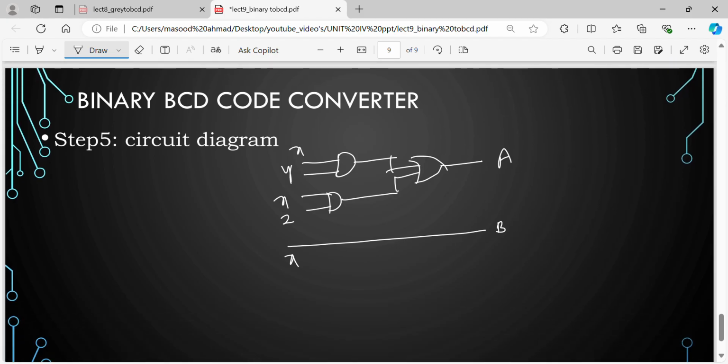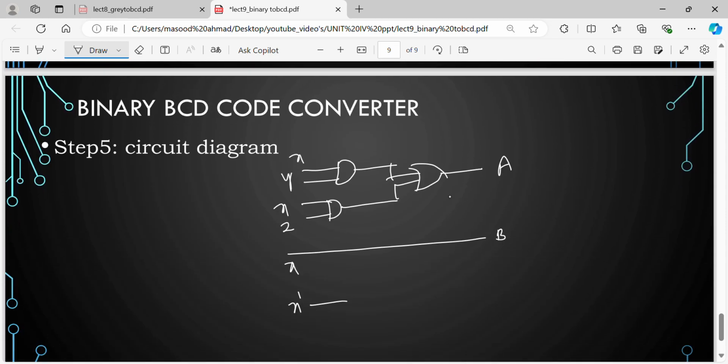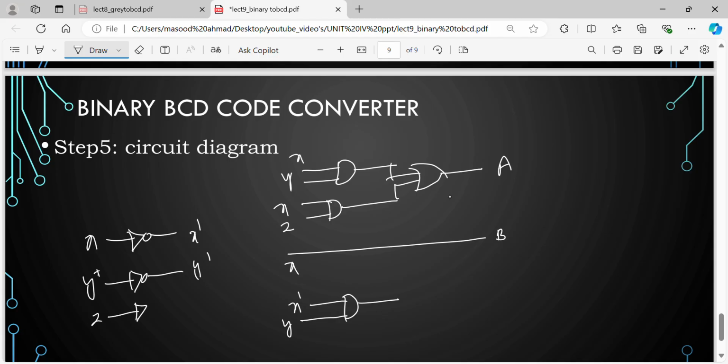C is X bar Y plus YZ. I'll take X bar, then Y, and connect them to an AND gate. How do you get X bar from X? You give X to the inverter and you get X bar. If you want Y bar, give Y to the inverter. If you want Z bar, take Z and give it to the inverter. If you want T bar, connect T to the inverter.